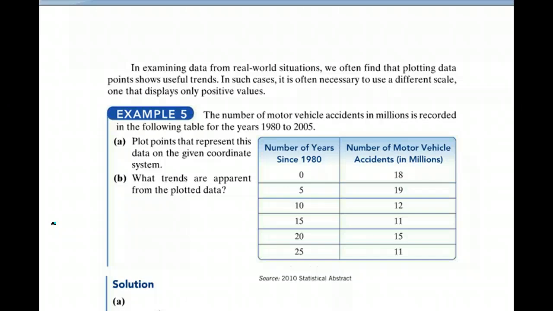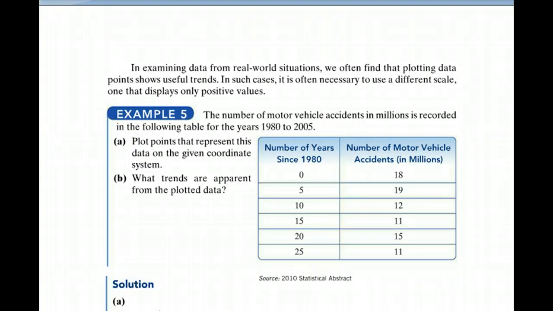Now sometimes we will be examining data from real-world solutions, and we often find that plotting data points shows useful trends. In such cases, it's often necessary to use a different scale, one that displays only the positive values.